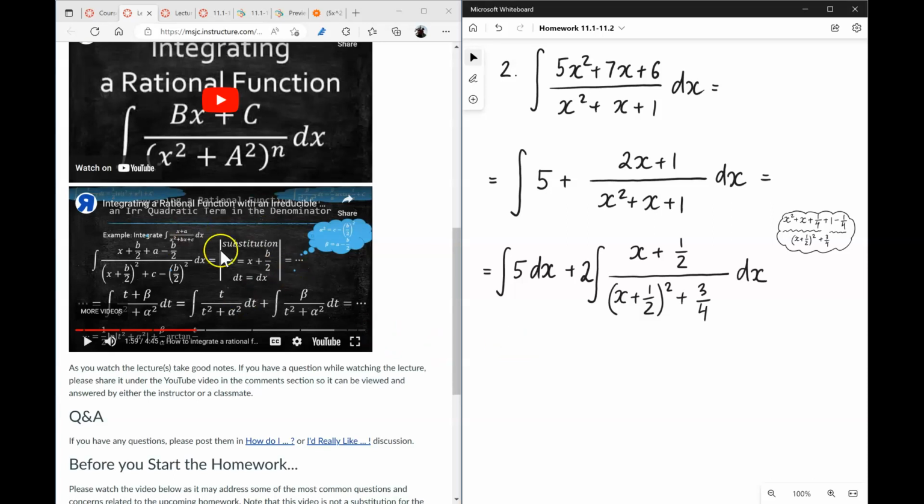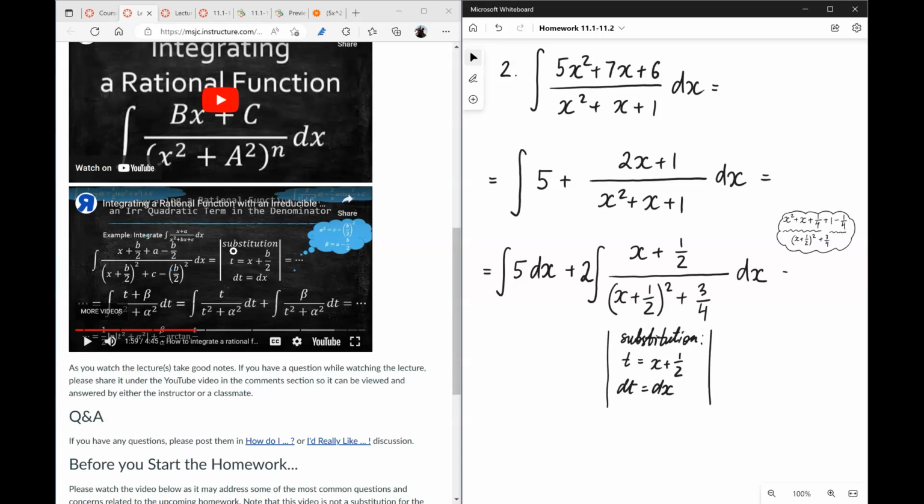And again, I'm just following this template. And in the template, the substitution t equals x plus 1/2 suggested. And in this case, dt will be equal to dx.